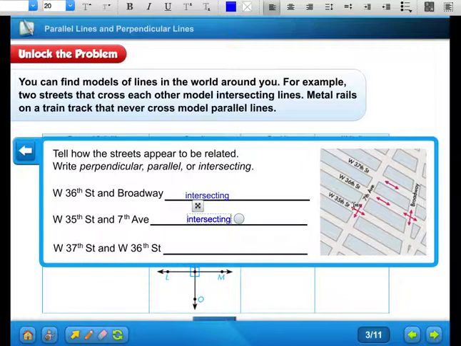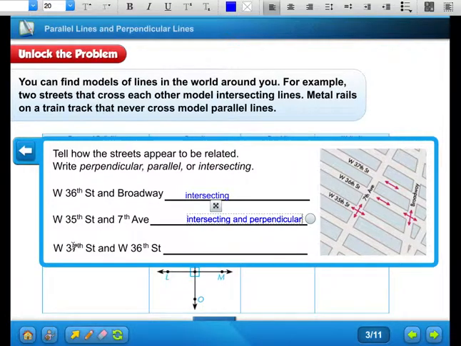It's intersecting and it is perpendicular. It is perpendicular because they're 90 degrees. So they do cross, but they're also 90 degrees.